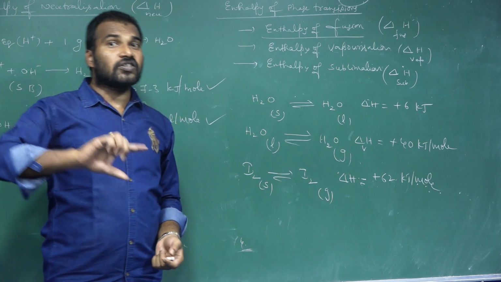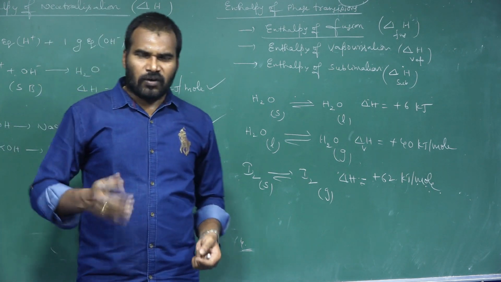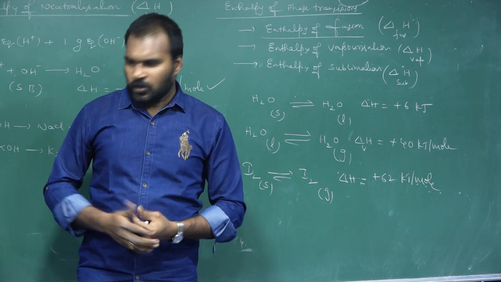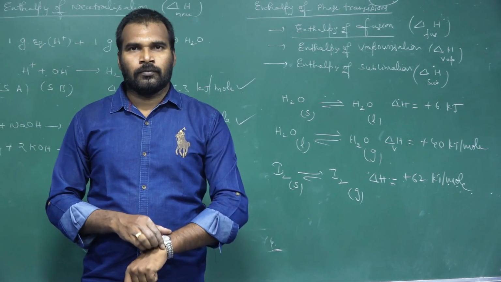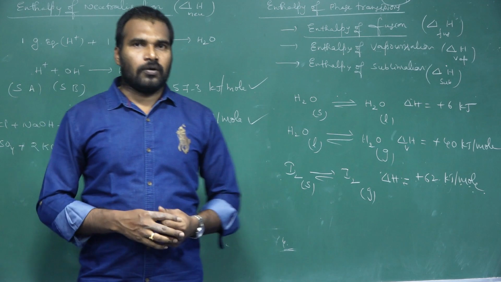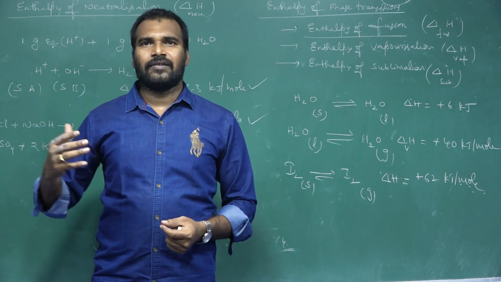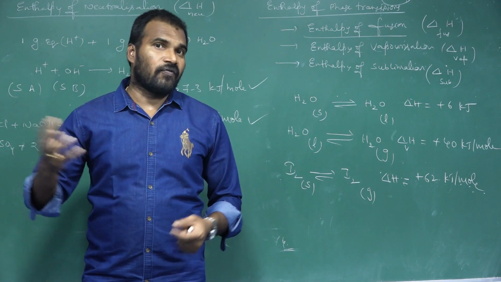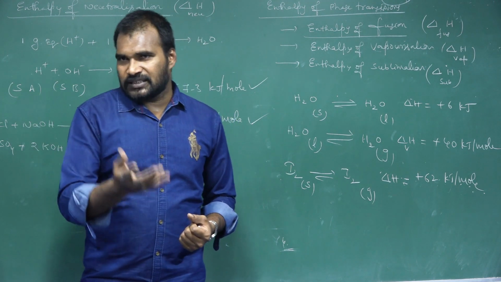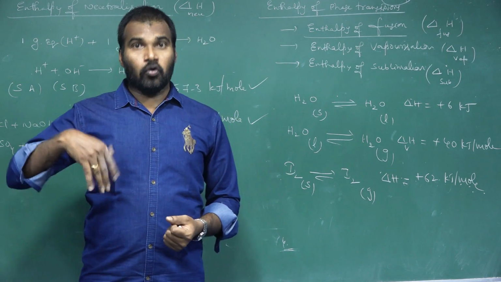Next, enthalpies of transition. What is enthalpy of transition? Some elements, for example carbon, can exist in many allotropic forms: diamond, graphite, fullerenes. Phosphorus has white phosphorus and red phosphorus, and sulfur has rhombic sulfur and monoclinic sulfur.